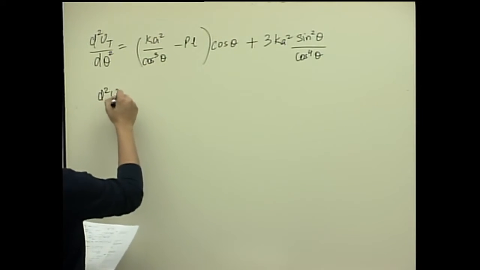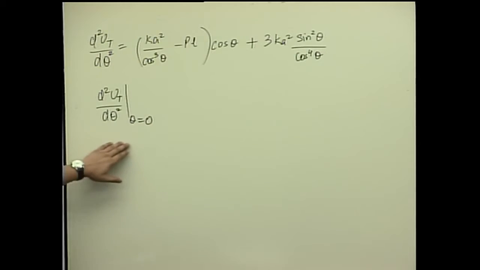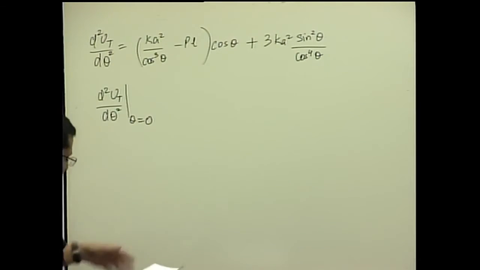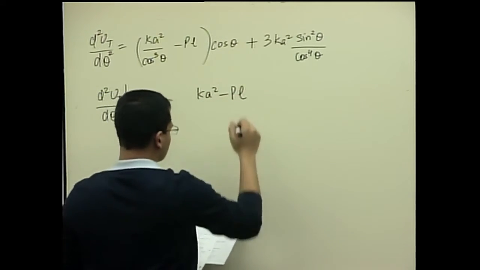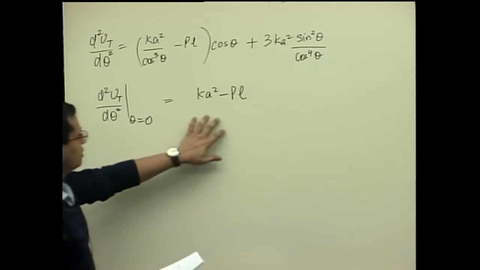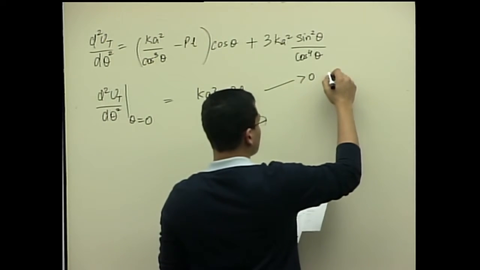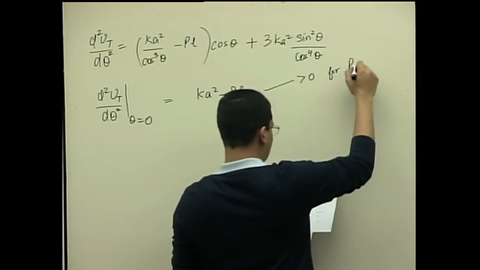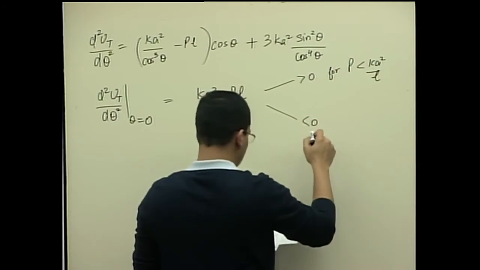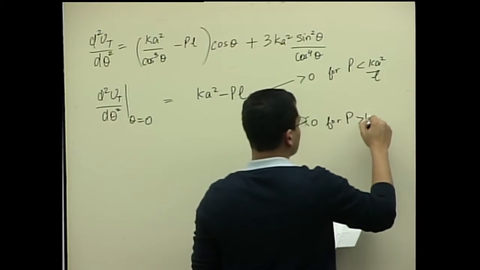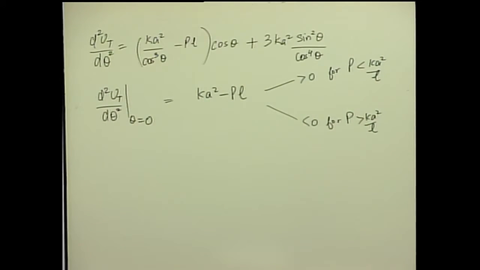So for the primary path, when theta is 0, this expression simplifies down to Ka square minus PL, and this has to be greater than 0. It's greater than 0 for P less than Ka square over L, and if it's less than 0, which is for P greater than Ka square over L, this would be unstable, right?